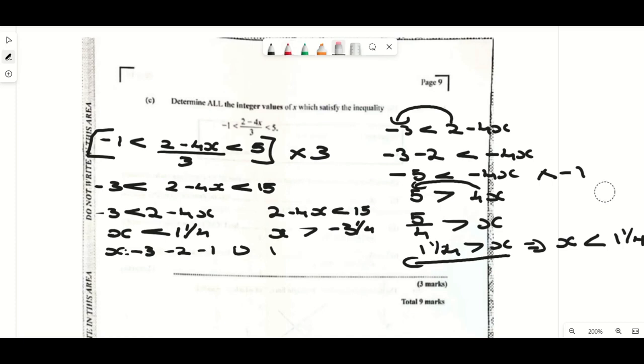So my values for x will be: x is equal to negative 3, negative 2, negative 1, 0, and 1. Right, and that would be your answer for this. Let me make this a little bit smaller.